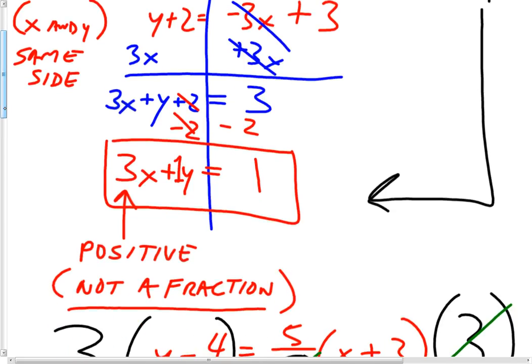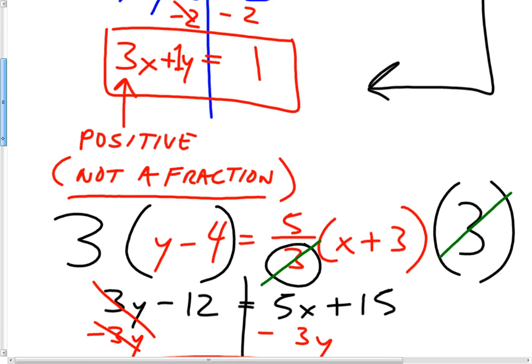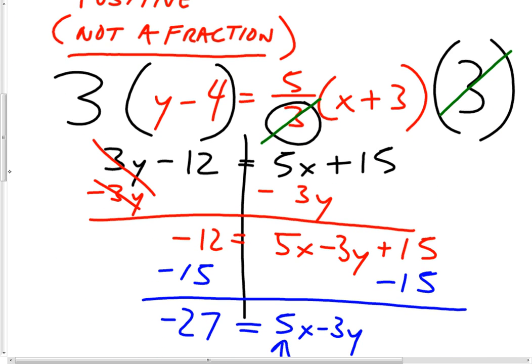You want your x to be positive, not a fraction. If you have a fraction, get rid of the denominator by multiplying by that number on both sides. Got to be on both sides. Then, just make sure that the number in front of the x is positive. If it already is, don't move it.